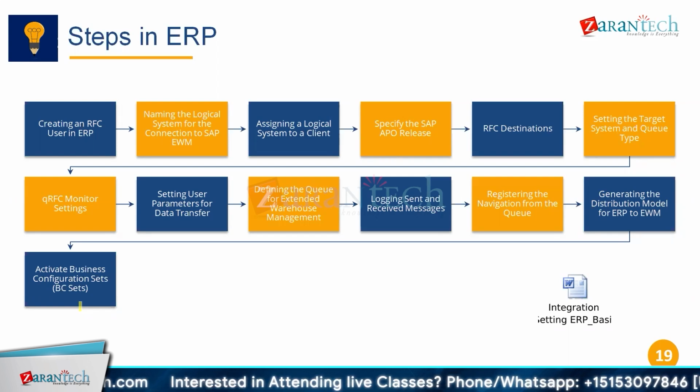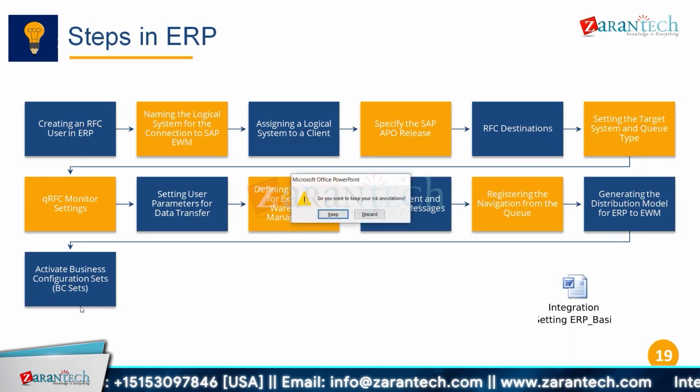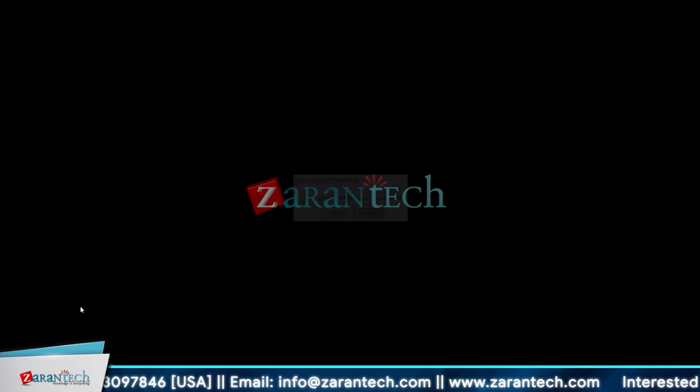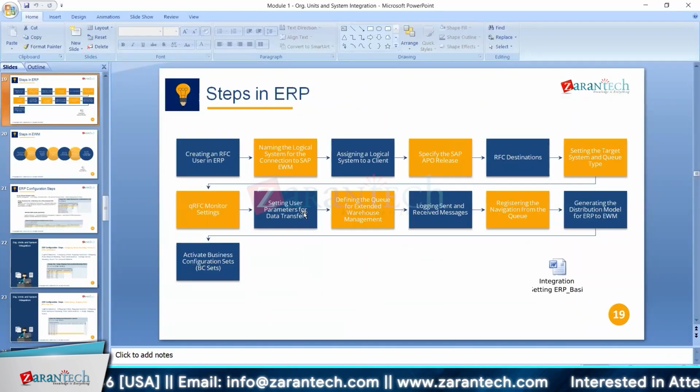They have something called the admin guide. It's not for us, it's for the technical team. In the admin guide, all these steps are listed, and they may change based on the version, because SAP is making a lot of changes in EWM. Every year we have a new version, so make sure you're using the latest version of the admin guide.